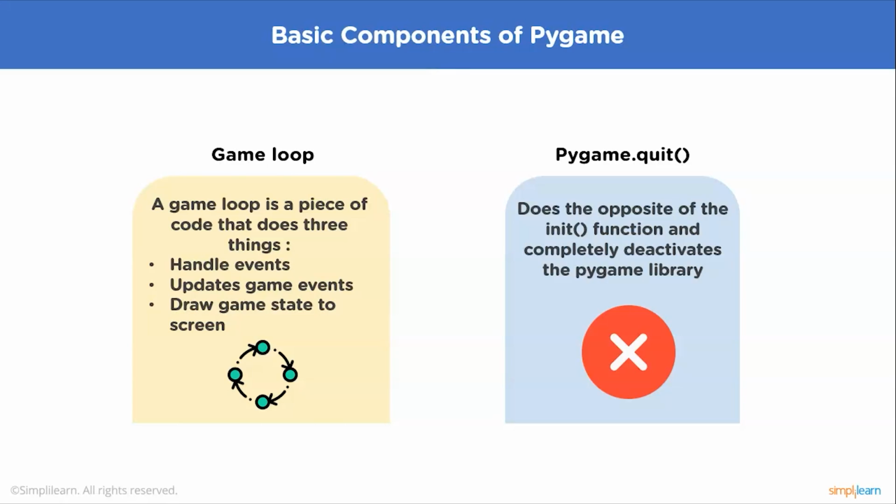It is safe to call this function more than once, as repeated calls have no effect whatsoever. Now please do note that calling pygame.quit will not exit your program. Consider letting your program end in the same way a normal Python program will end. It will just help you break out of the game loop.